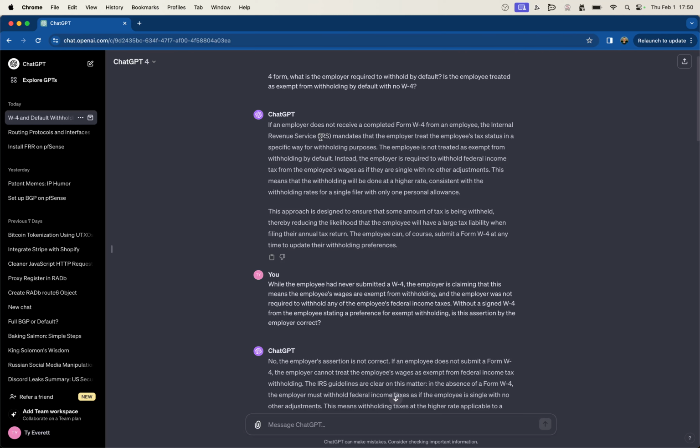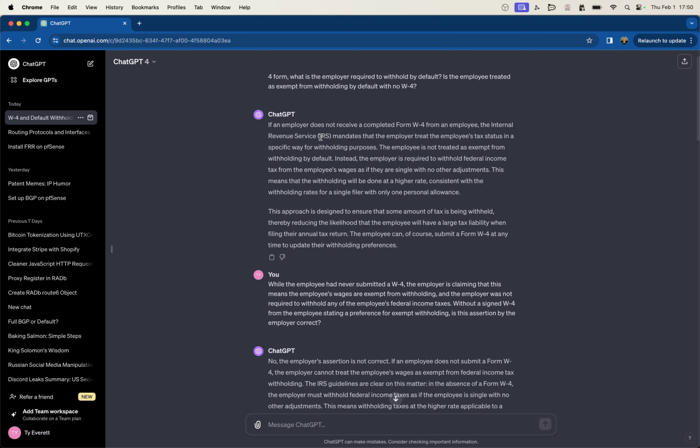So there are some motivations for why an employer might act in this way. Firstly, it's less administrative burden. The employer might want to avoid the administrative tasks associated with withholding and remitting taxes. Secondly, there are some cash flow benefits, I might like to think. By not withholding taxes, the employer could temporarily benefit from improved cash flow, albeit improperly.